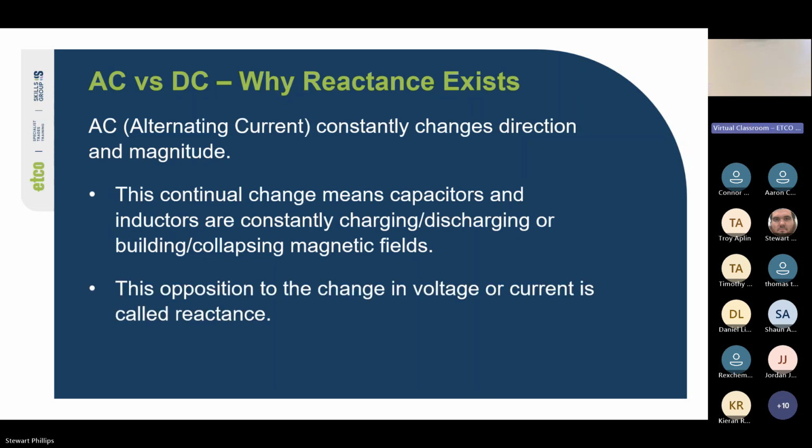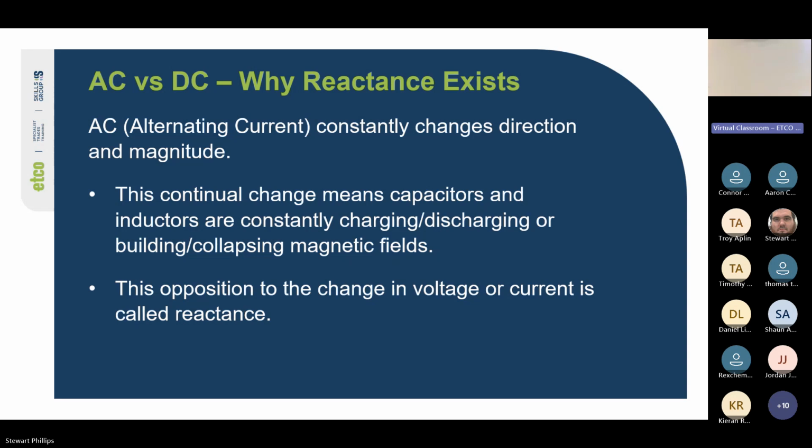This opposition to the change in voltage or current is what we call reactance. So AC is like pushing the water back and forth in a pipe. Every time the direction changes, components that store energy have to respond. That resistance to change is what we call the reactance.